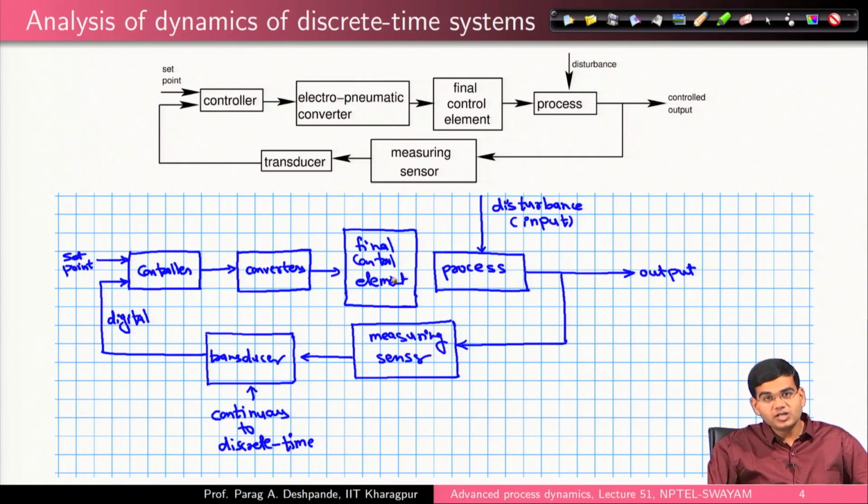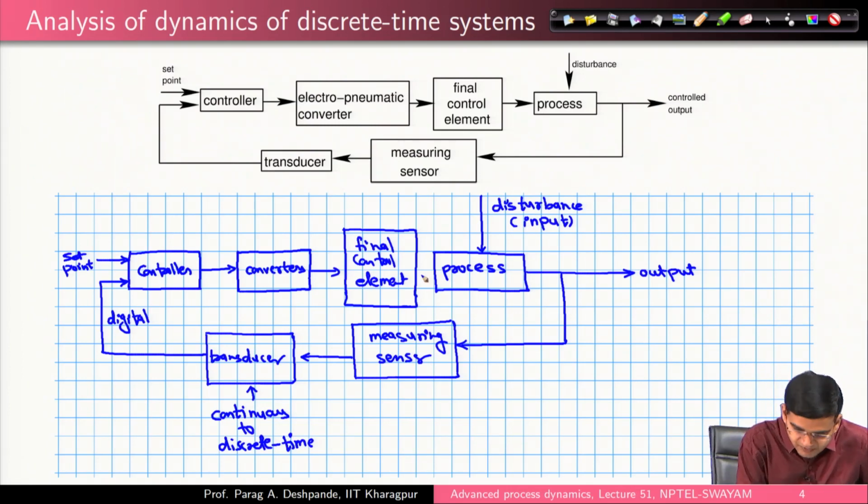That is the final control element that will change the EMF, the voltage provided to the pump, that will change the RPM of the pump, which would ultimately change the output from your tank, and that would ultimately change the process. Okay. So, this final control element will govern the process.